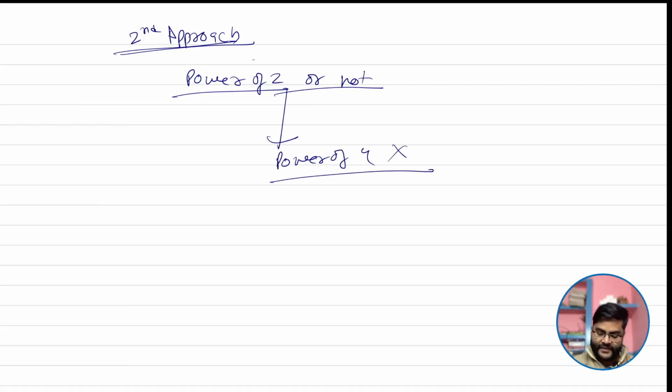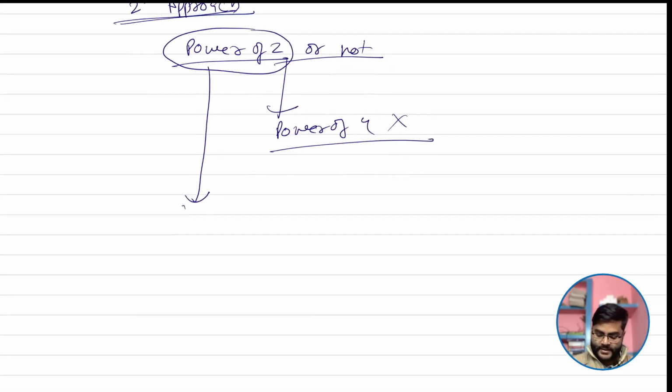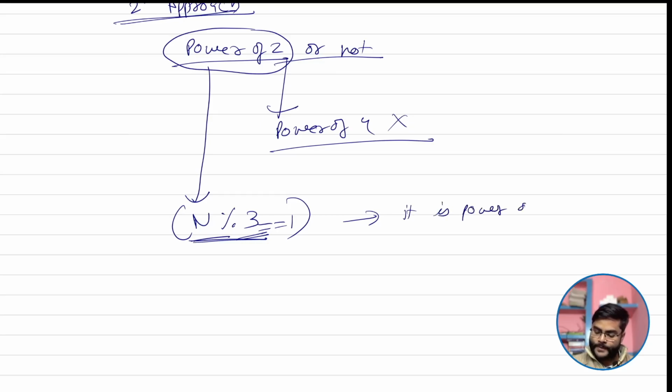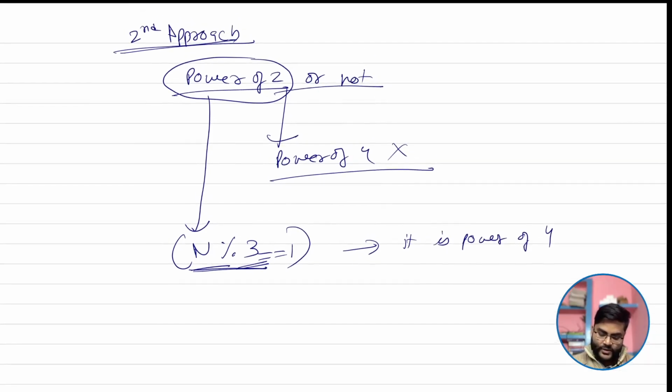If it is a power of 2, then take num mod 3. If you are checking power of 4, take num mod 3. If your number mod 3 equals 1, it means that it is a power of 4.